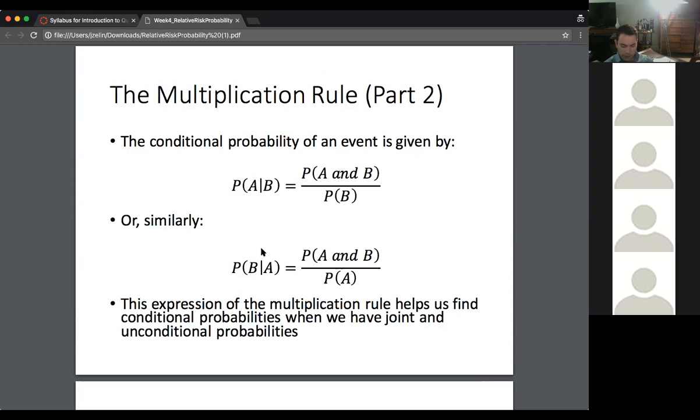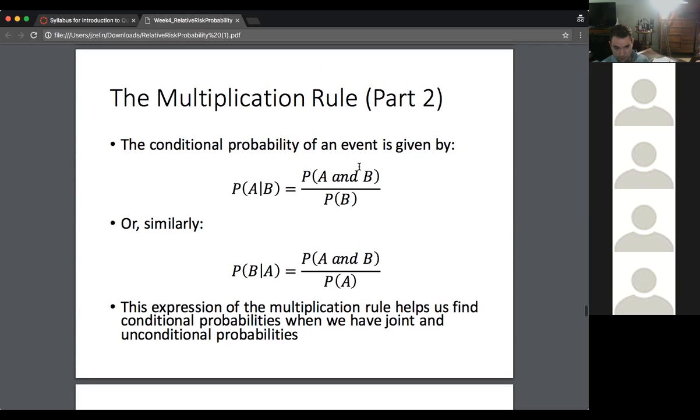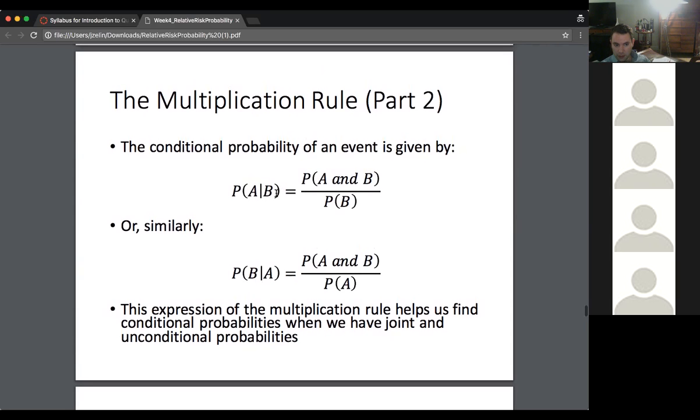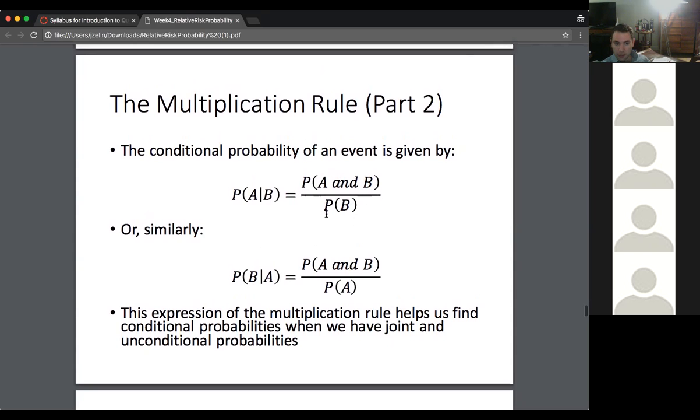So those are two conditional probabilities, but in order to find those conditional probabilities, you're going to have to find the joint probability of the event and the exposure divided by the conditioning event, which is your exposure here. So that's an example of using both conditional and unconditional probabilities, because here you're dealing with unconditional probabilities to calculate a conditional probability, and then when you're dealing with relative risk, you're going to deal with the two conditional probabilities for the two groups to come up with your final answer for your relative risk, rather.